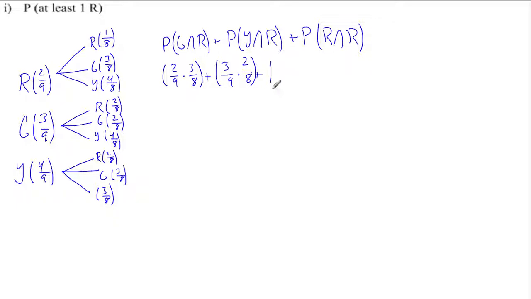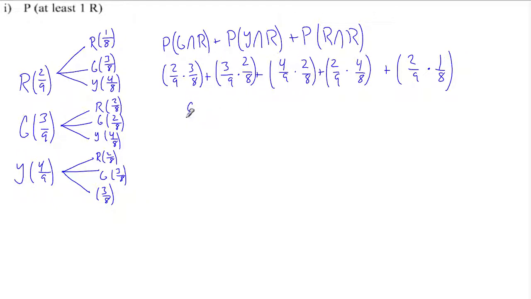I'm going to add that to the probability of yellow-red, which is 4/9 times 2/8. I'm going to add that to the probability of red-yellow, which is 2/9 times 4/8. And I'm going to add this to the probability of red-red, which is 2/9 times 1/8. Now, this is a situation for red-red, so don't worry about adding that twice because that's just there.